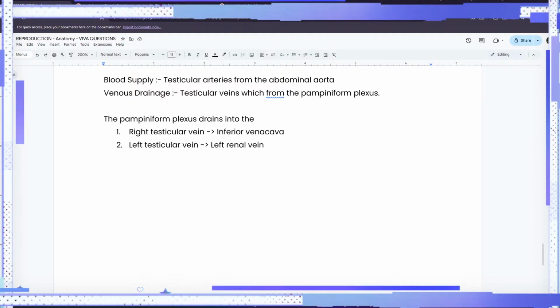So there's varicocele and then there's testicular torsion, right? So we need to know those things as well. Fair enough, right?